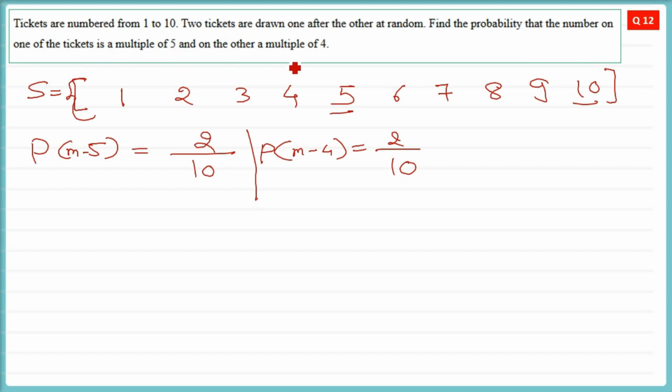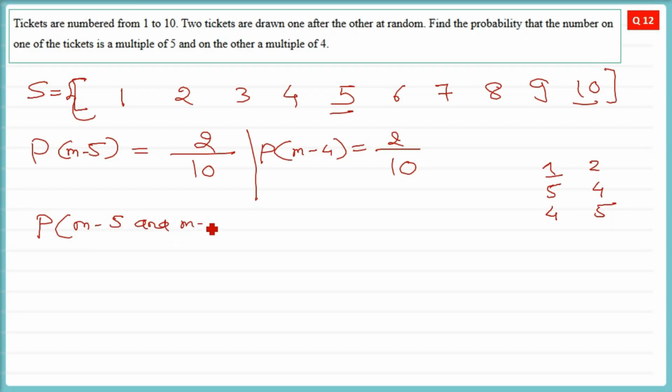One of the tickets is a multiple of 5 and the other is a multiple of 4. That is, you need to have an intersection between PM5 and PM4. But is it being given which has to come first and which has to come second? We'll just see. The first can be a multiple of 5, second can be a multiple of 4 and vice versa. That's what I have written just now. I'm writing M5 and M4 for the multiple of 5 and multiple of 4 respectively.